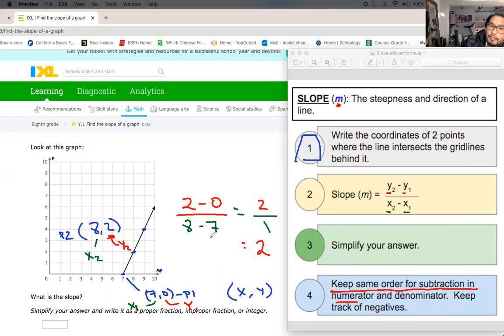I cannot flip these two around because then it won't match what you did at the top and you will get the wrong answer. So make sure you keep the order the same, and that's what the little 2 and the little 1 help you do. It helps you keep the order straight. Keep track of negatives. We'll get to that in a second.